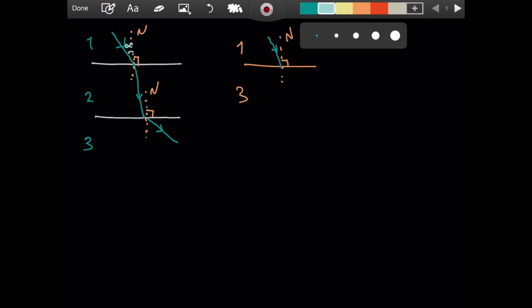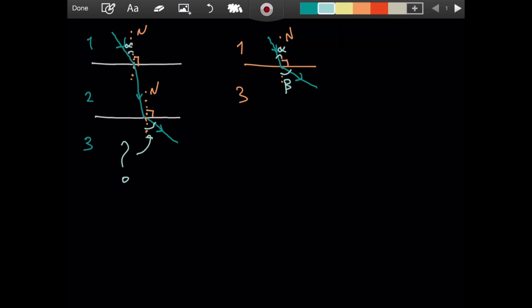And I also tell you that if I were to have medium 1 and medium 3, and if I were to send a light beam with the same incident angle, so if I draw the normal line like this, and these were normals as well, and this angle is again alpha, the light will be refracted perhaps like this, and this angle is beta. My question to you is, what is this angle? What is it?